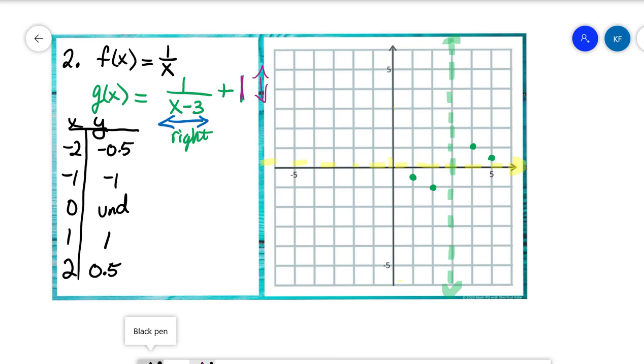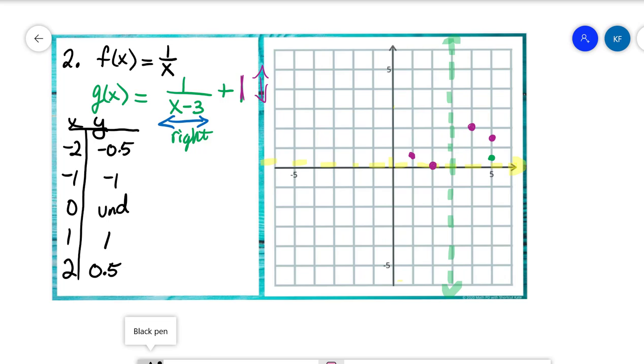Now finally, I'm going to have to move all of the values up 1 to follow this function that we're graphing. So I'm going to move the points up 1. And now that I've done that, I will get rid of the green ones.